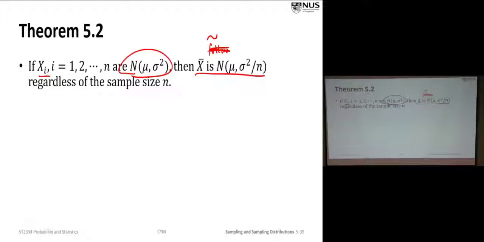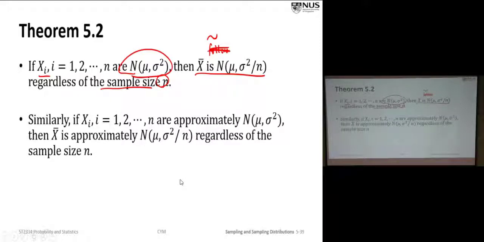And you don't need the sample size to be big. It can be any sample size. In other words, this result applies even to a sample size of 2, even a sample size of 1. Take a sample of size 1, so the mean is itself. Of course, it still follows a normal distribution with mean mu and variance sigma square over 1.